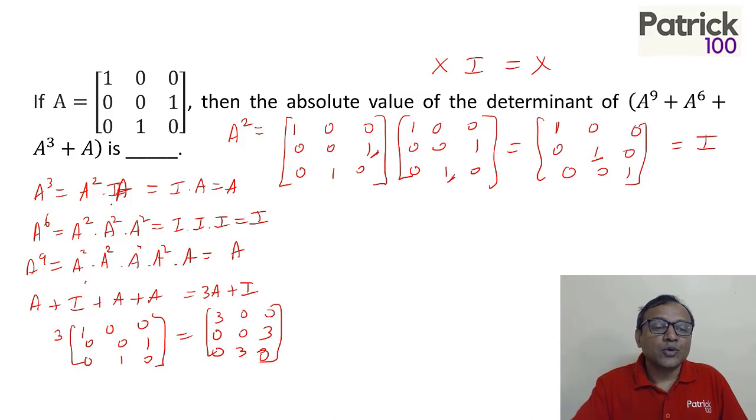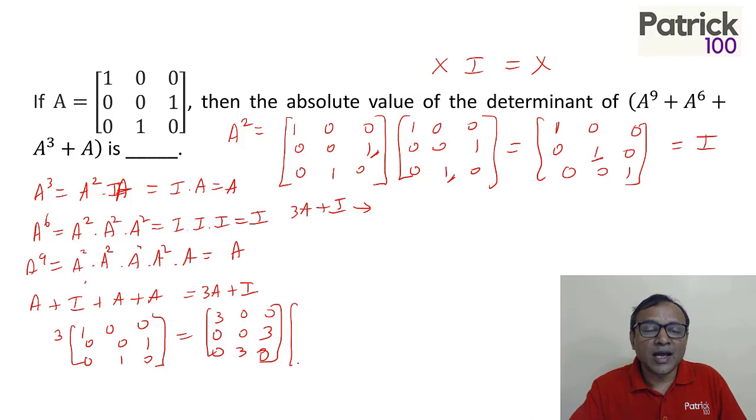So now you do 3 into A, plus I. If you add I to it, I is nothing but [1 0 0; 0 1 0; 0 0 1]. Add. What do you get? You get 4, 3 plus 1 is 4, 0, 0. Then you get 0, 1 and 3. And you get 0, 3 and 1.